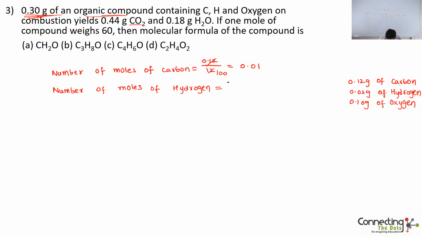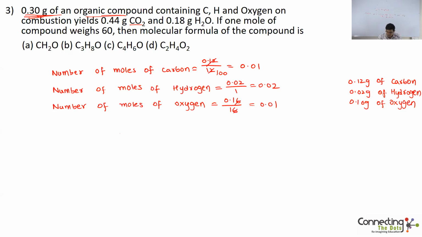It is equivalent to 0.02 divided by 1. It's nothing but 0.02. Let us calculate the number of moles of oxygen. So it is equivalent to 0.16 divided by 16. So once again, it is equivalent to 0.01.